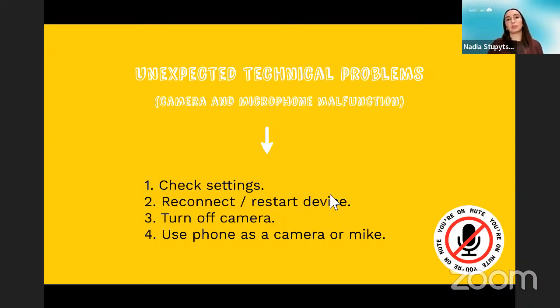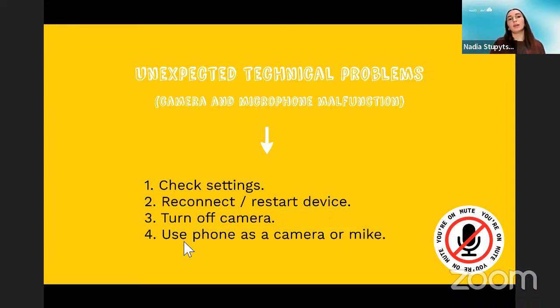Don't forget to try restarting the device, reconnecting, maybe it will work. Also, if you have not a very good quality of video or sound, you might turn off the camera and then your sound will be better.